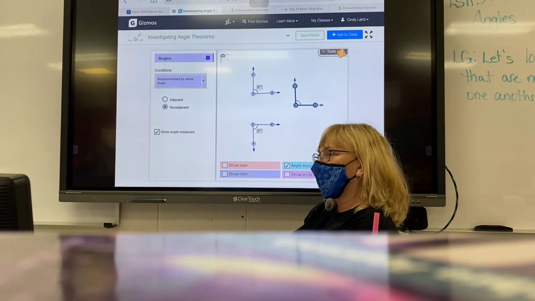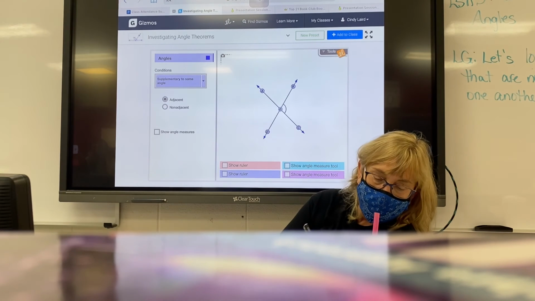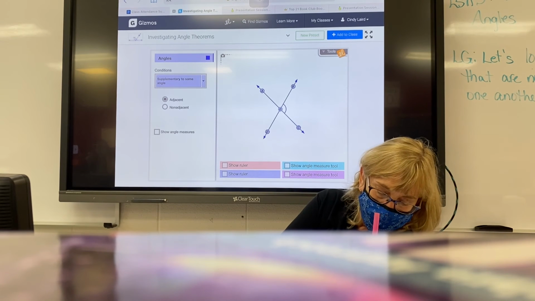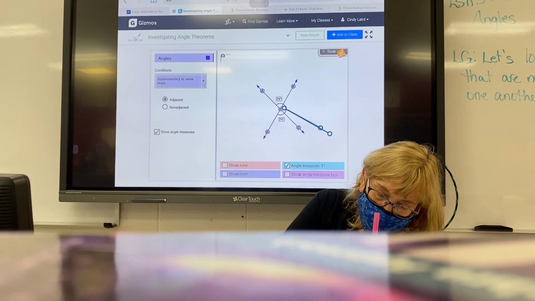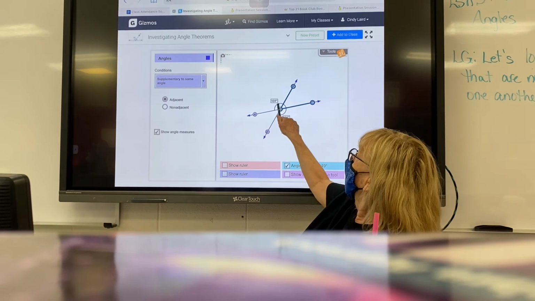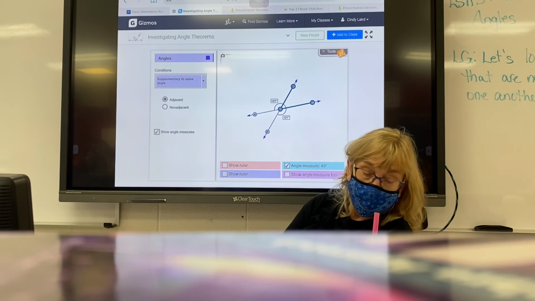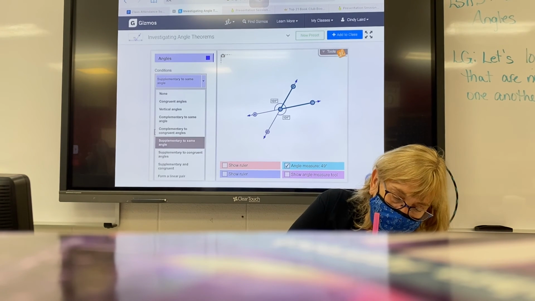Okay, does it matter that they aren't next to each other? No, because I can also put them next to each other. And if I move these around, are we still gonna end up with 180? Yes. Okay, so let's look at vertical angles now.